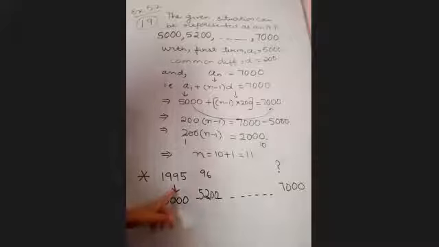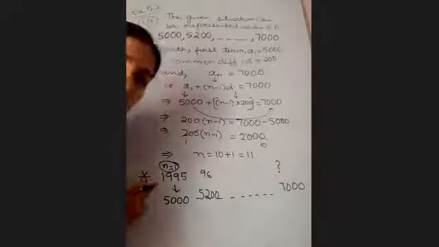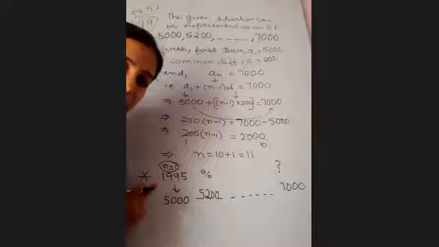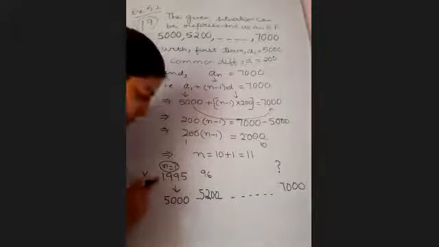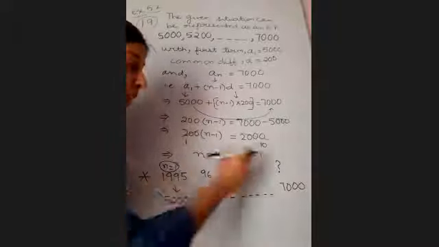Now you are saying we will add 11 to 95, 2006. No beta. For N equal to 1, 95 is also there, isn't it? The first year will also be counted in 95. Use your brains. Which year will it reach 7,000?